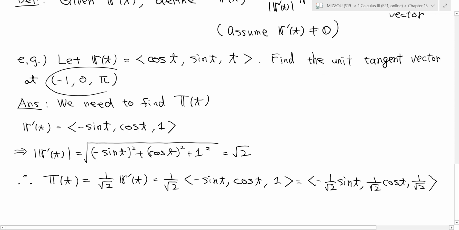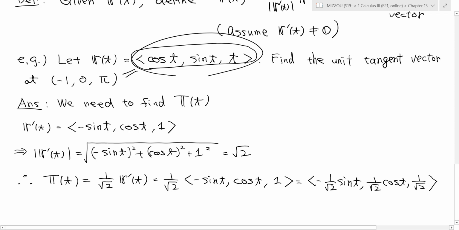Then now, what we want to do is to find the unit tangent vector at this particular point. But now, what's t in this case? So that means we have to find a particular t that gives you this point. Well, r of t is this one. So we want to find the t so that this r of t is equal to this. And by looking at the third component, which is t, that's pi.